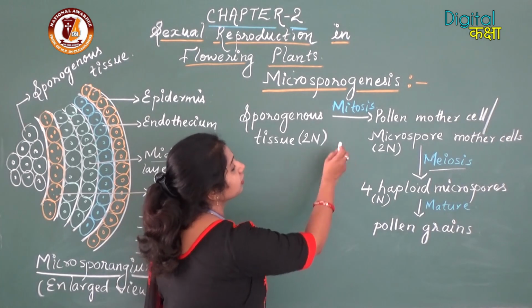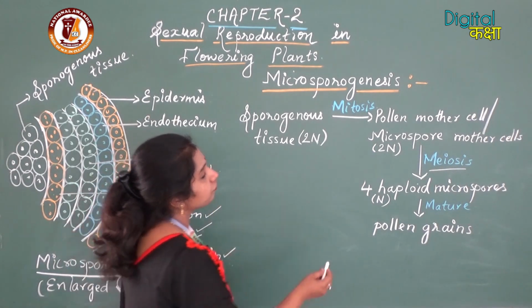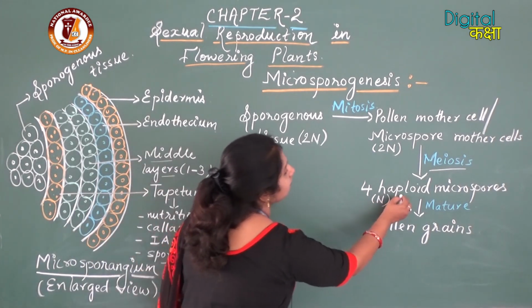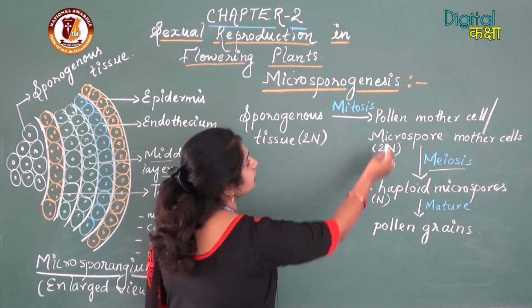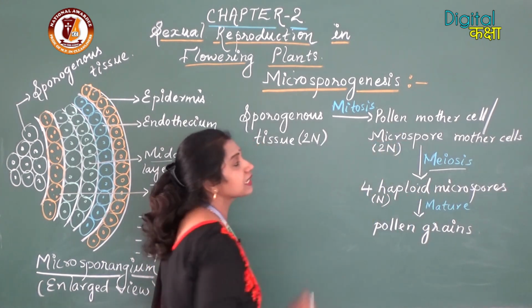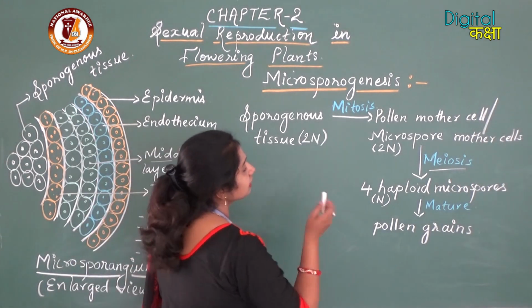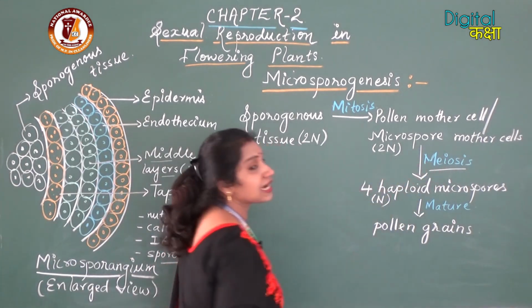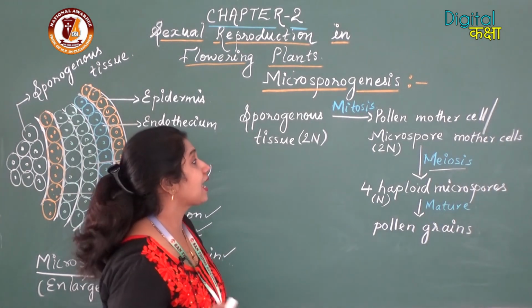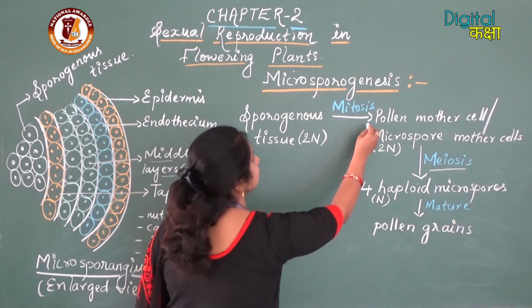Okay. So the process of formation of haploid microspores from a pollen mother cell or microspore mother cell by meiosis cell division is called microsporogenesis.